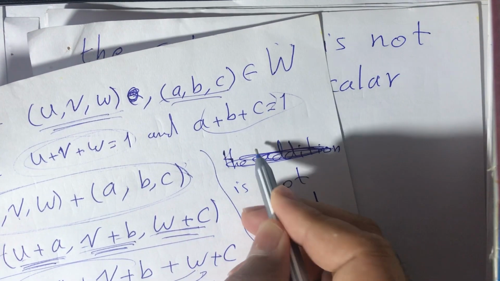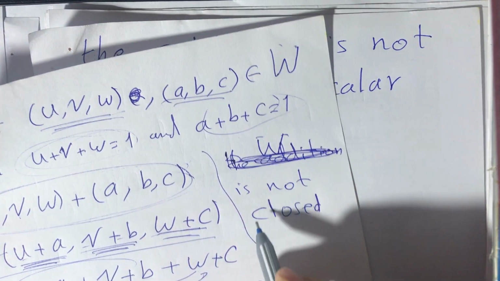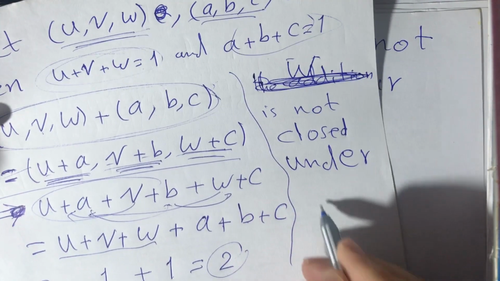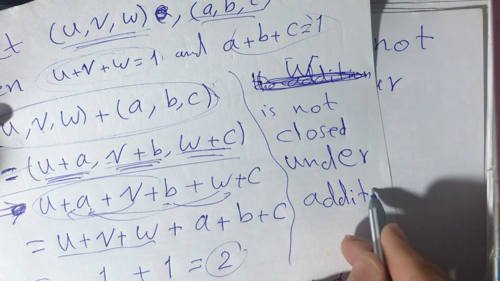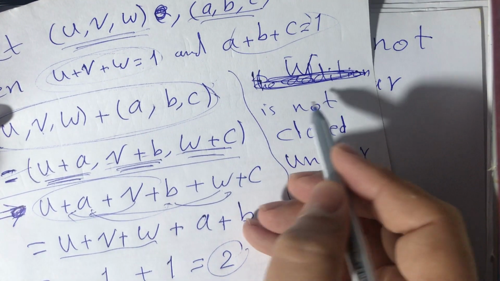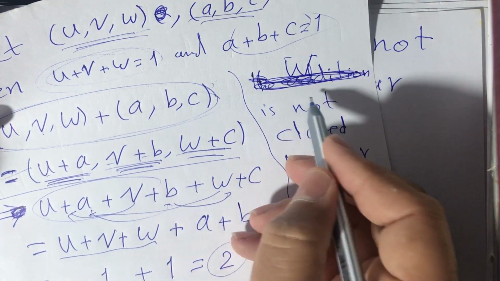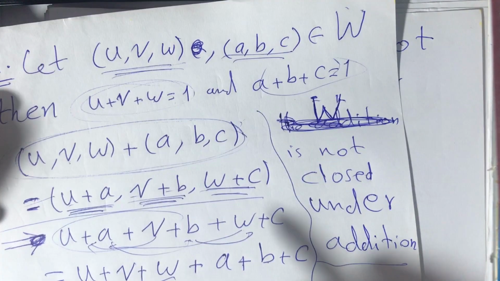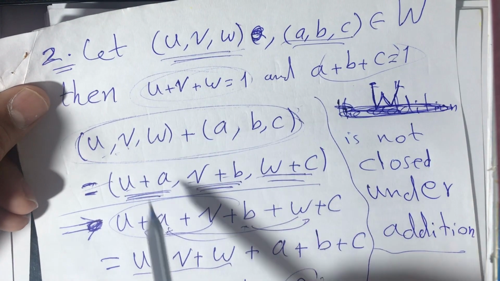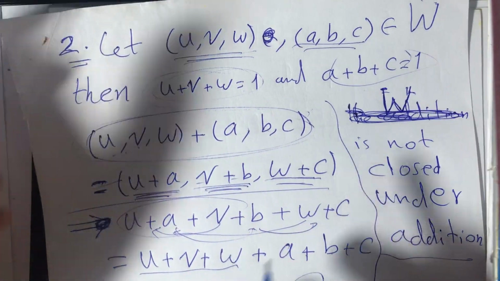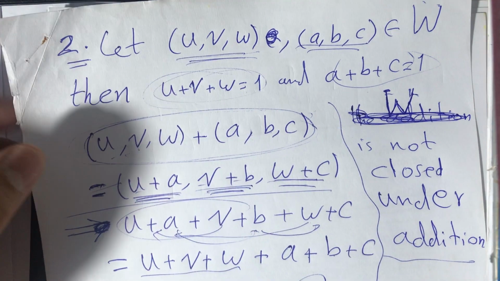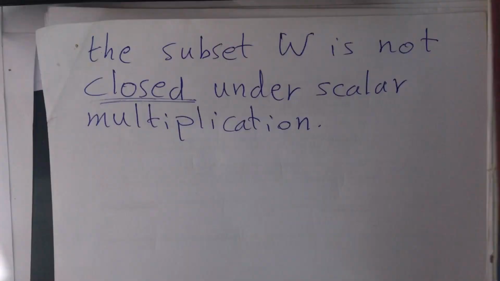We say W is not closed under addition, because if we sum two vectors, the result does not belong to W, so this is not closed. If we sum any two vectors and the result is in this set, then this set is closed under addition.